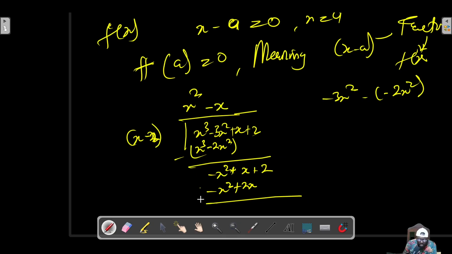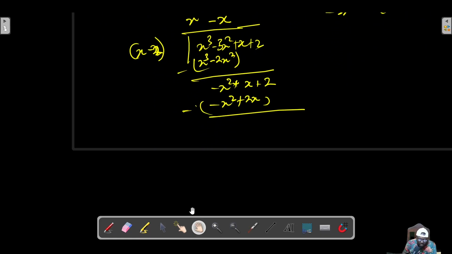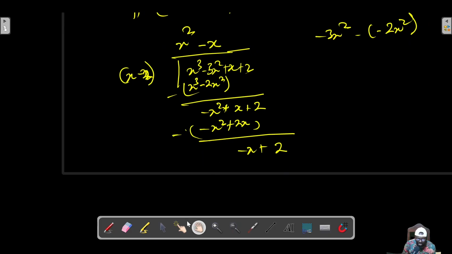Then I can perform my subtraction. What do I get? 2 minus 0 is 2. X minus 2x ends up with negative x. Then this term cancels out because you have negative x squared plus x squared. Now hope we are fine up to this point.